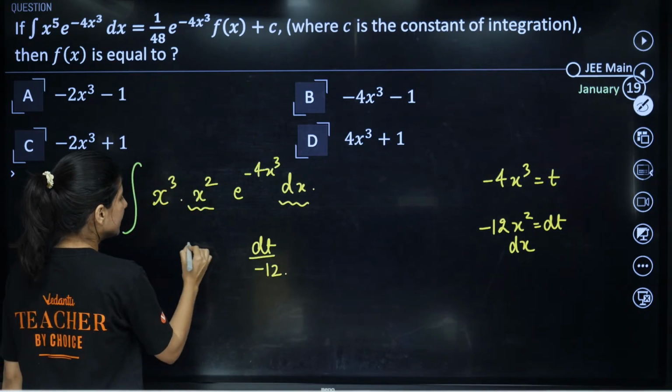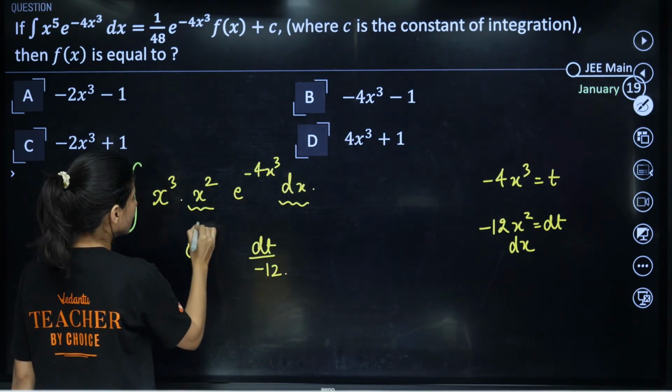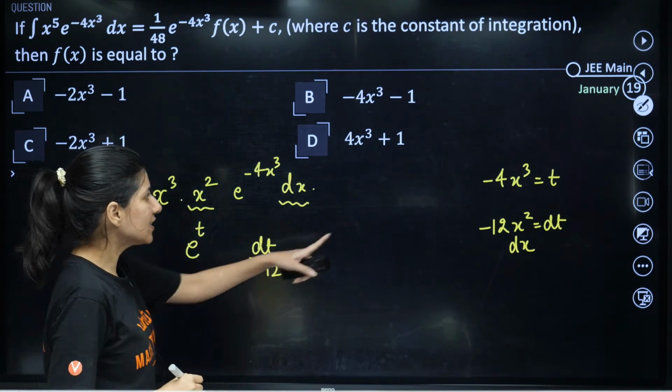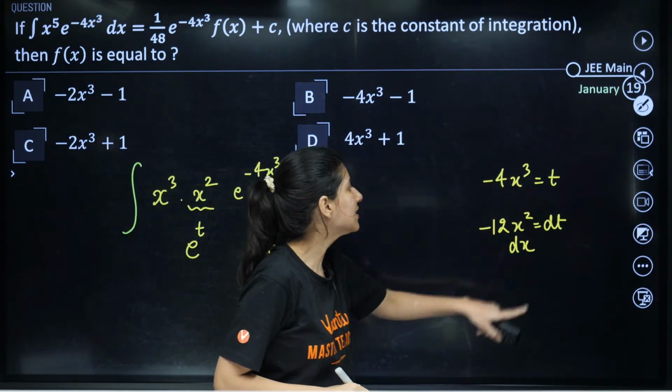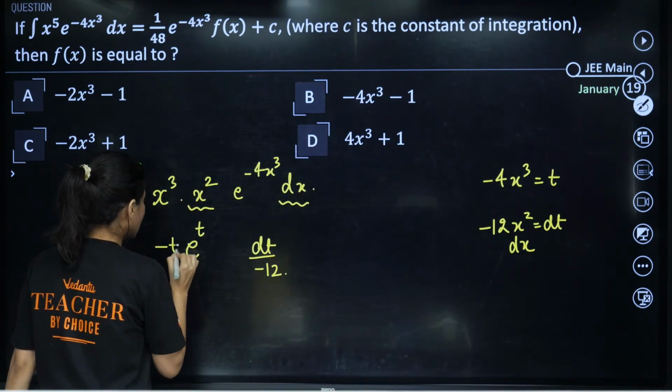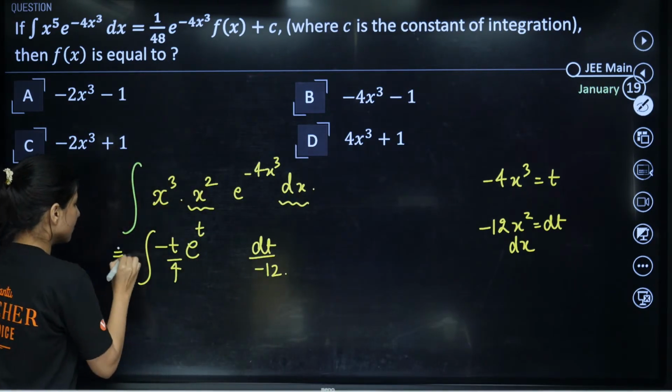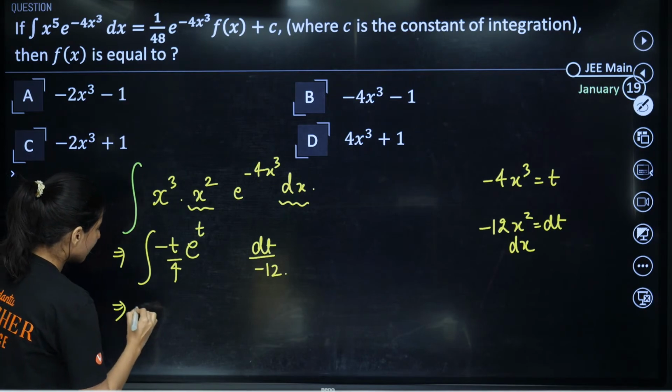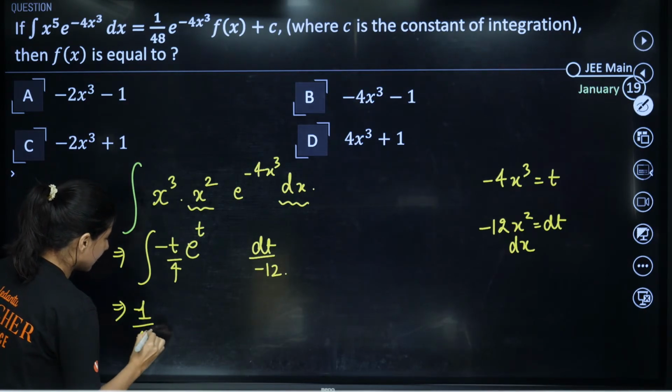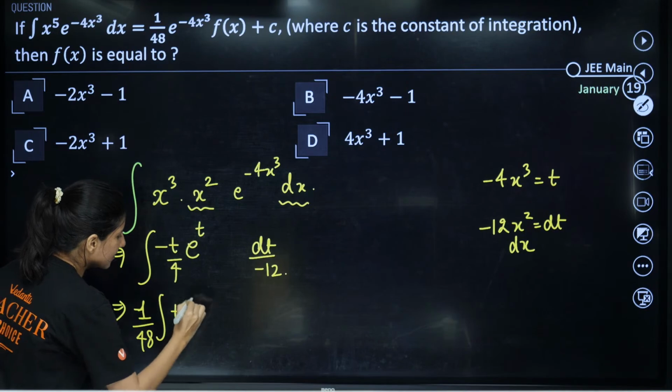Now e raised to power minus 4x cube is e raised to power t, and x cube from here will be minus t by 4. So finally we have 1 upon 48 integral of t e raised to power t dt.